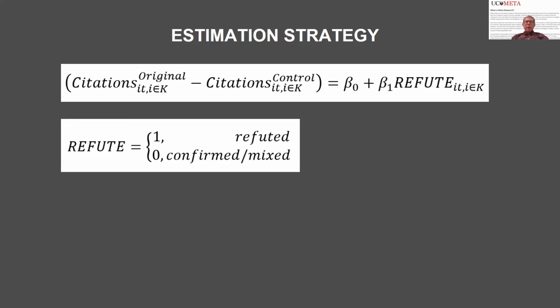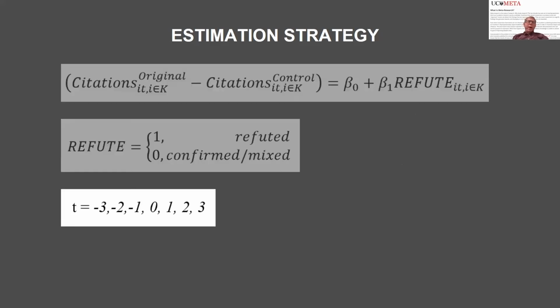And we're going to estimate that regression for every year over a window that includes 3 years prior to the replication study, the year of the replication study being published, and 3 years afterwards. We also do it for 5 years afterwards, but I'm just going to focus on the 3 years again because of the interest of time.